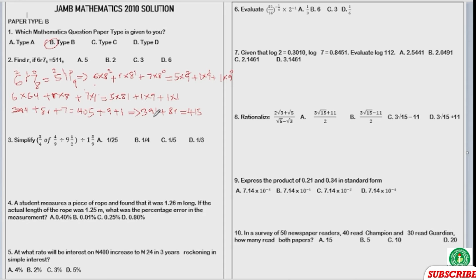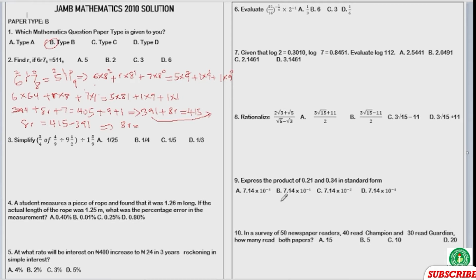It's a working process. Now what you are going to do is transfer 391 to the other side. So we have 8R equal to 415 minus 391.